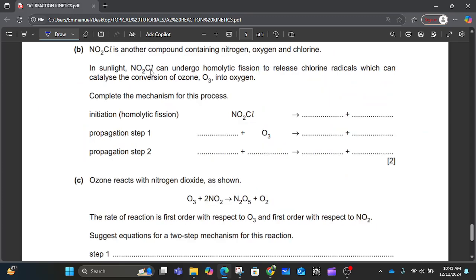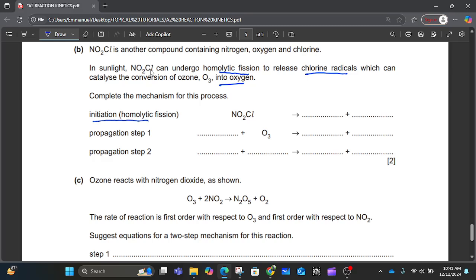B. NO2Cl is another compound containing nitrogen, oxygen, and chlorine. In sunlight, NO2Cl can undergo homolytic fission to release chlorine radicals, which can catalyze the conversion of ozone, O3, into oxygen. Complete the mechanism for this process.